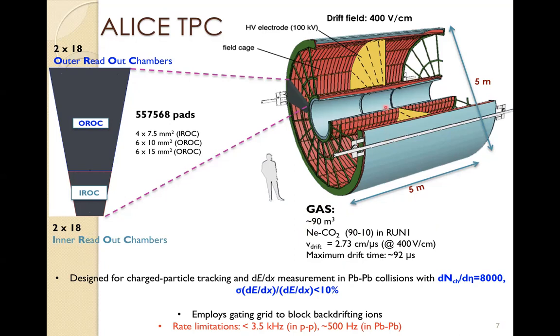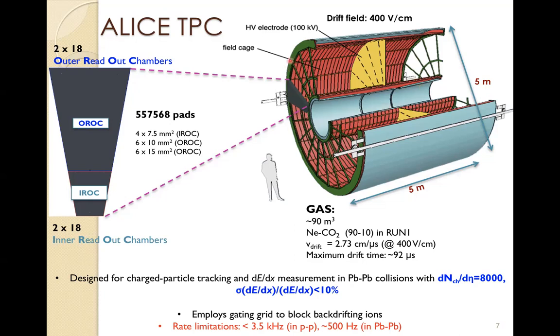I am not going into the physics of why we use this gas, but you can look into the TDR of this TPC and other detectors where there was an upgrade, and see the details.